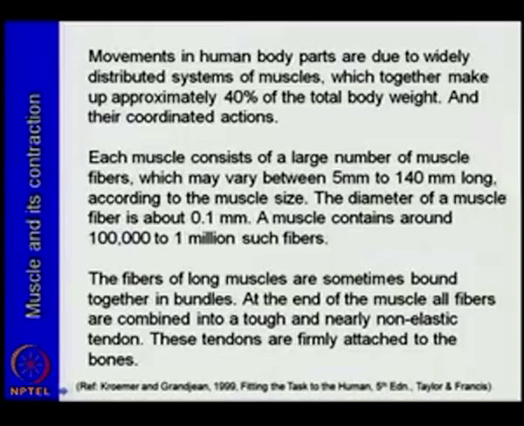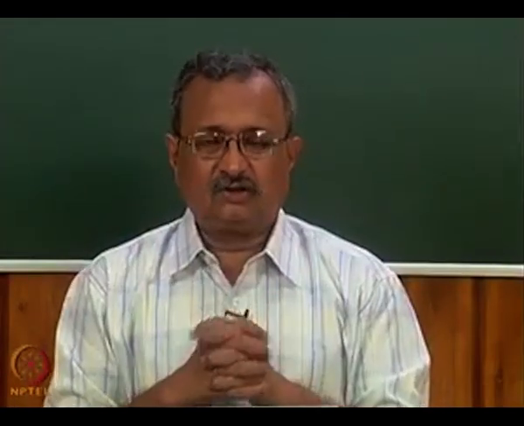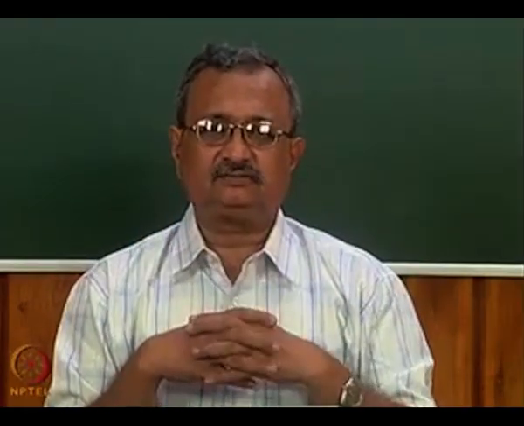Now, all the movements and so on are basically for muscles. If we see our body, on the bony structure the muscles are there, distributed all over the body. Different shapes and types of muscles are there.